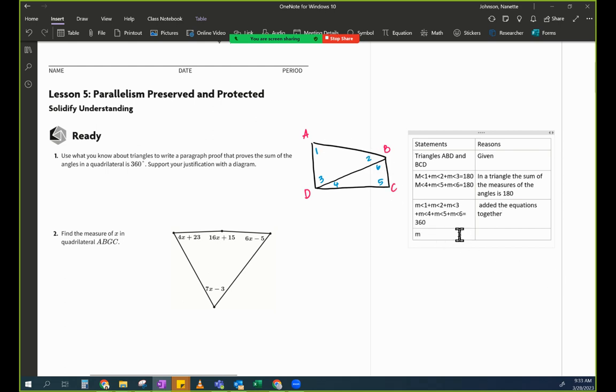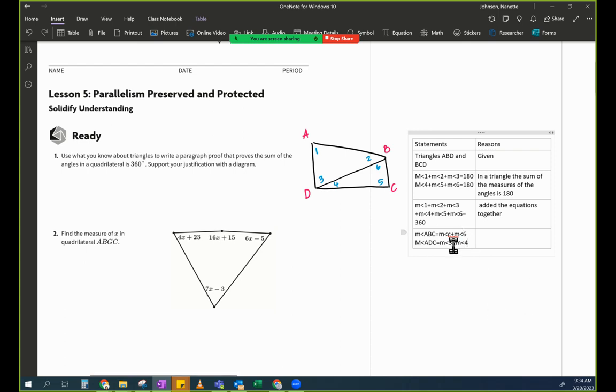So the measure of angle ABC is equal to the measure of angle 2 plus the measure of angle 6. And then similarly, the measure of angle ABC is equal to the measure of angle 3 plus the measure of angle 4.